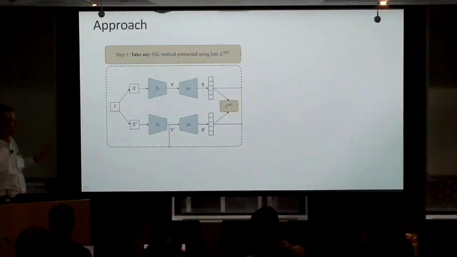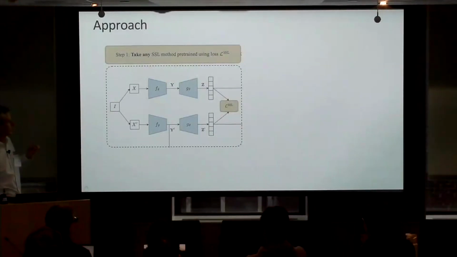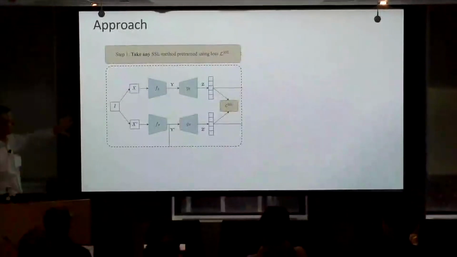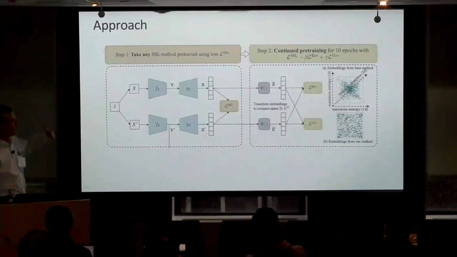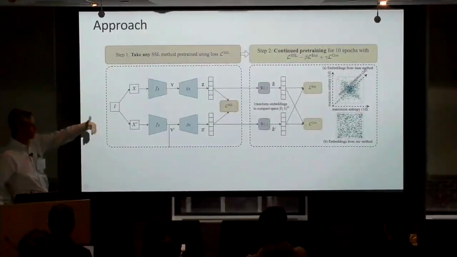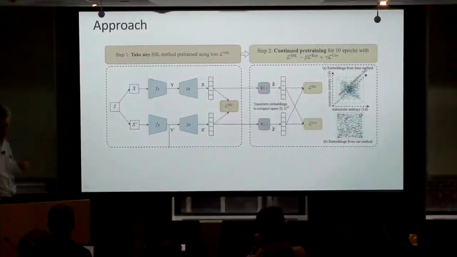this is all based essentially on a paper that's coming out of AI Stats this year, and it's a standard self-supervised learning paradigm with two parallel paths and a standard SSL loss as a starting point. And then what we do is we take those embeddings learned from the standard setup and we continue, we project them to a new space, we examine the distribution of these embeddings, and we try to maximize the entropy of those embeddings.